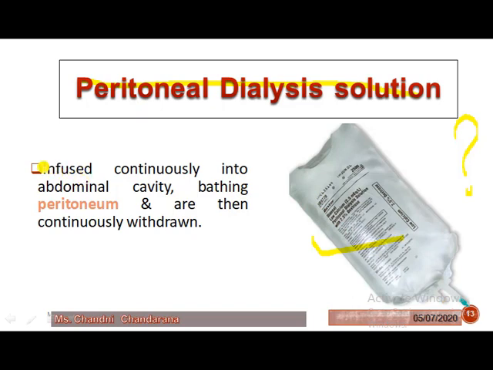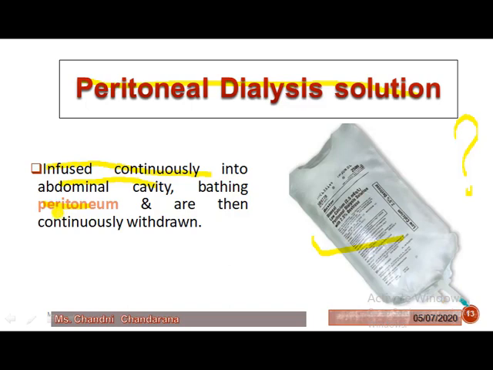Now see, as per definition, it is infused continuously into the abdominal cavity. During peritoneal dialysis, a cleansing fluid flows through a tube, the catheter, into part of the abdomen, bathing the peritoneum. What is the peritoneum? It's the lining of your abdomen.